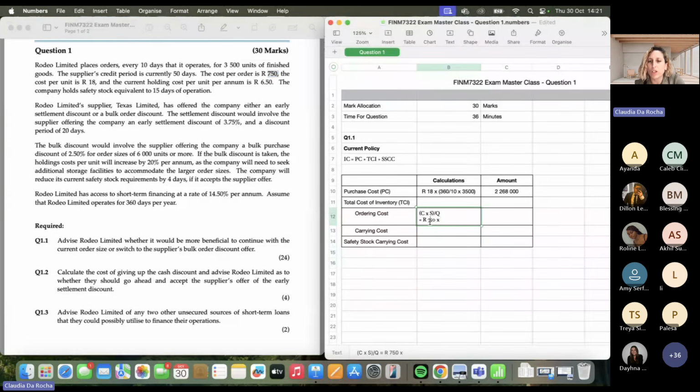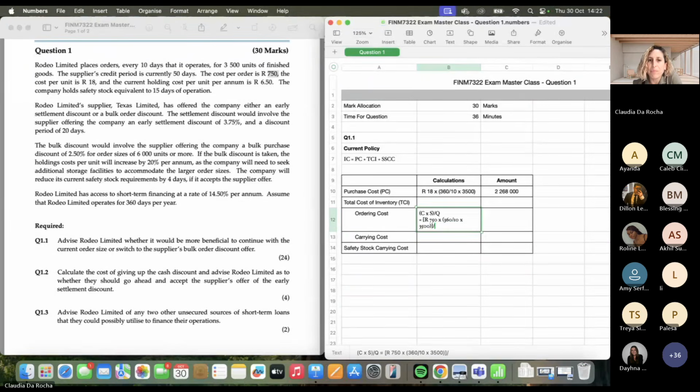Multiply by my annual demand. My annual demand is going to be the 360 divided by 10 times the 3,500, because in essence, I need to understand how many units in the year I've ordered. All divided by your quantity, and our quantity is 3,500. When I talk about quantity, I'm talking about the quantity per order.